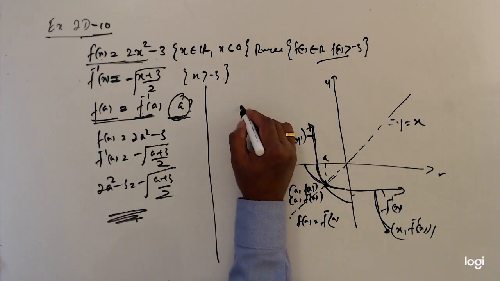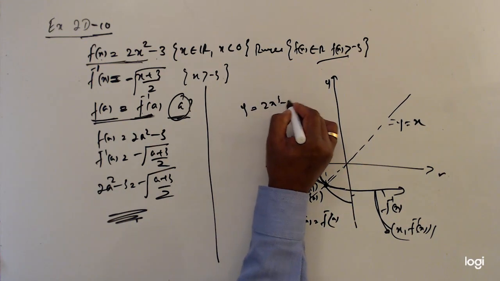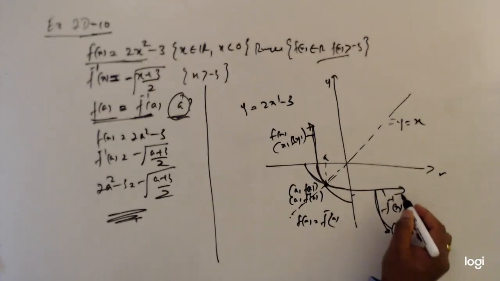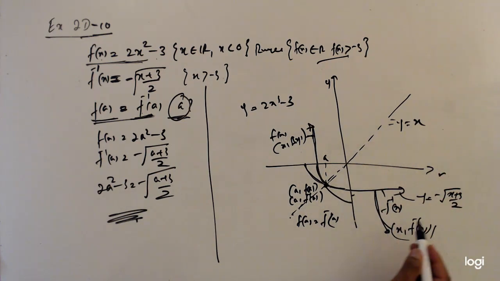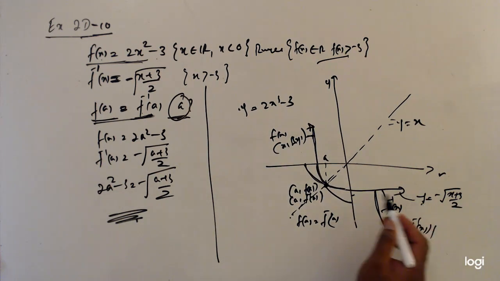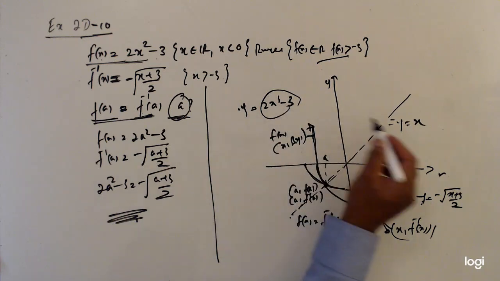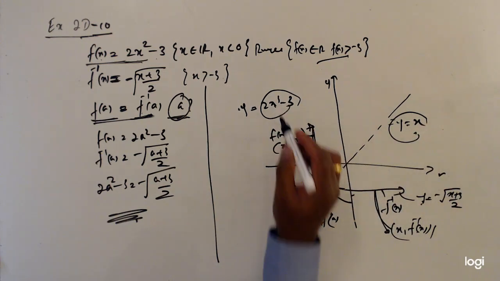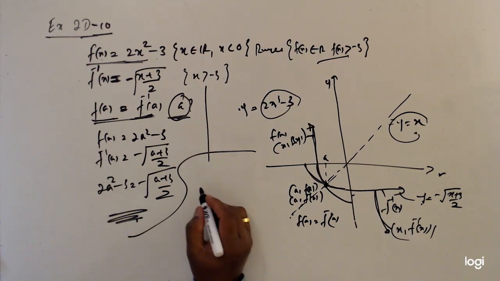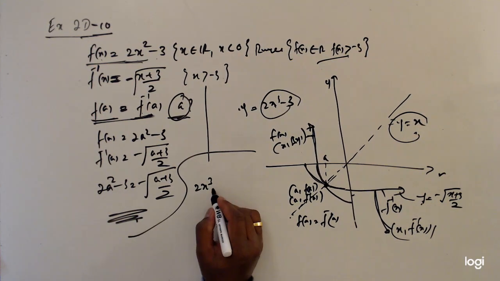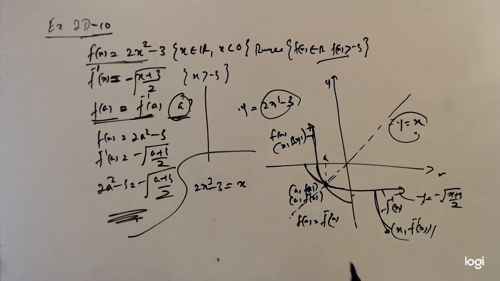So this is y = 2x² − 3, and this is y = −square root of (x + 3)/2, and this is y = x. Instead of solving those two, I am going to solve this one and this one. So 2x² − 3 = x.